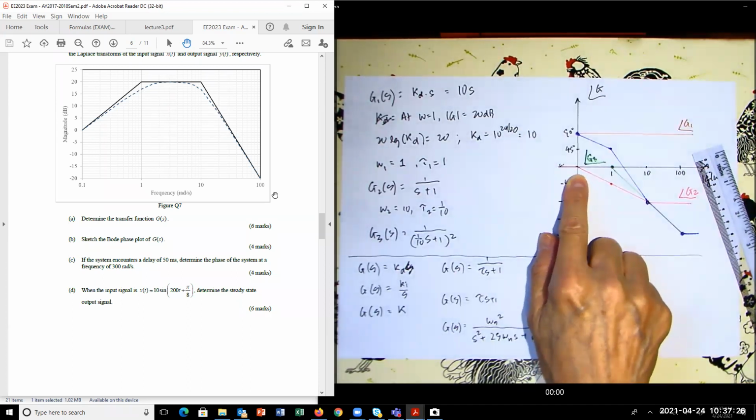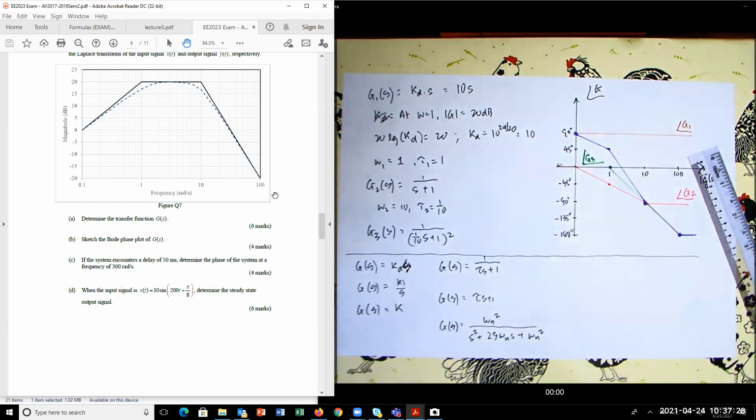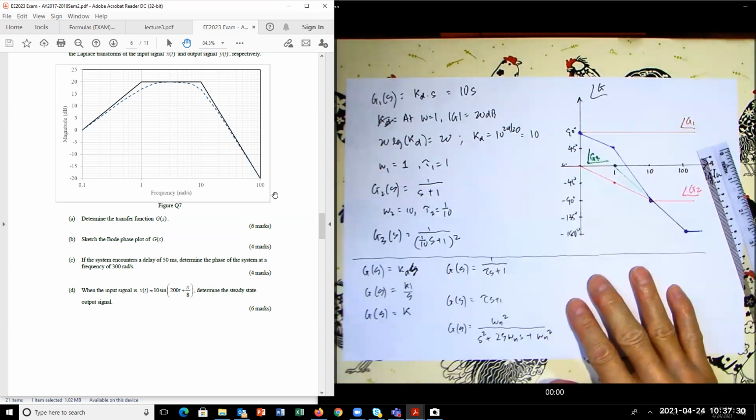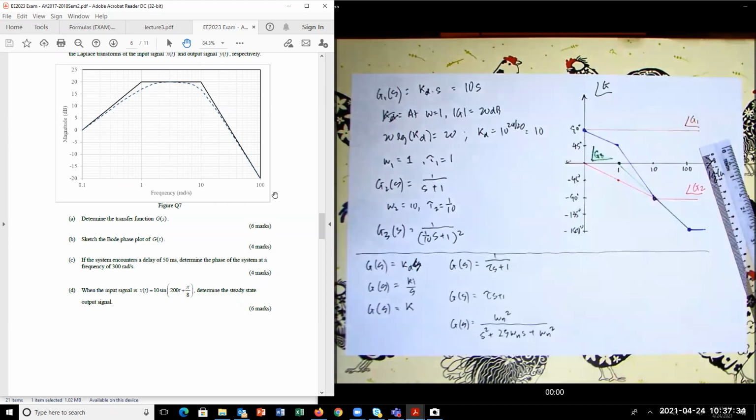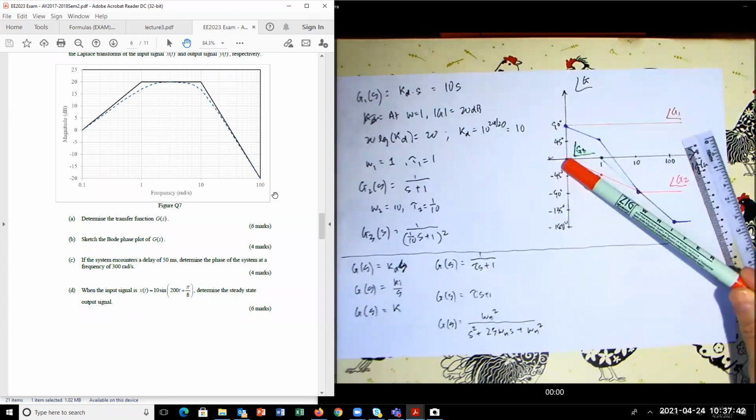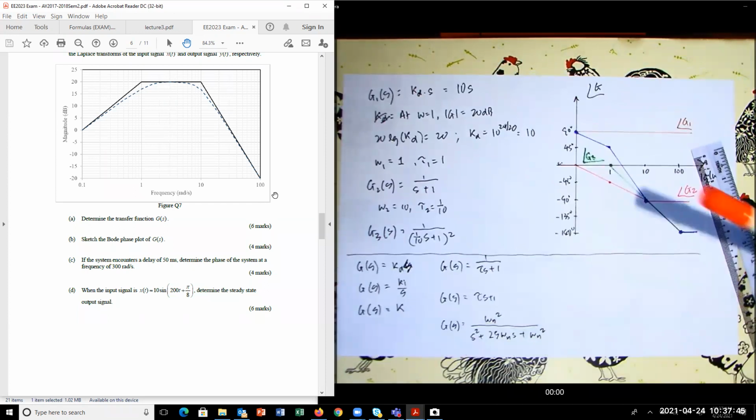So again, always start at the corner frequency. The corner frequency is 1, which is minus 45 degrees here. One decade before that is 0, so anything to the left here is all 0. Then one decade after, which is 10, it will go down to minus 90.